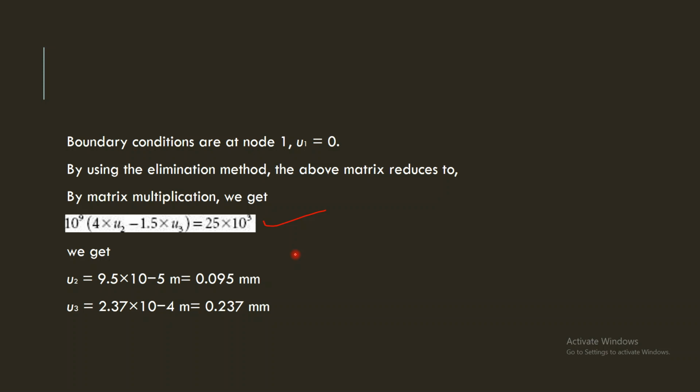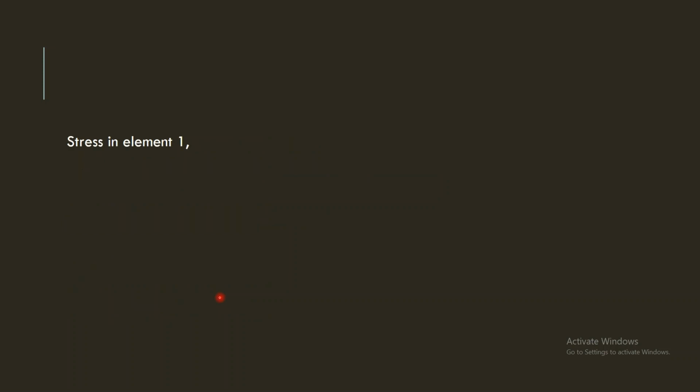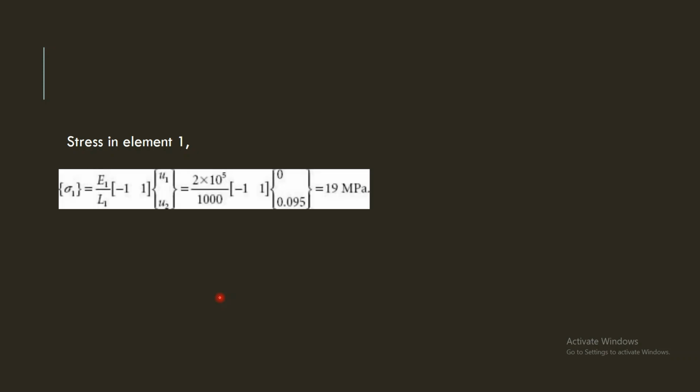The next part is calculation of the stresses. The stress in the element equations are similar to the previous one. That is sigma 1 is equal to E1 divided by L1 times minus 1 1 times U1 U2, where the U1 value is 0 and you substitute the U2 value, maintaining the units in mm. In order to get it in megapascal, I am maintaining units in mm.